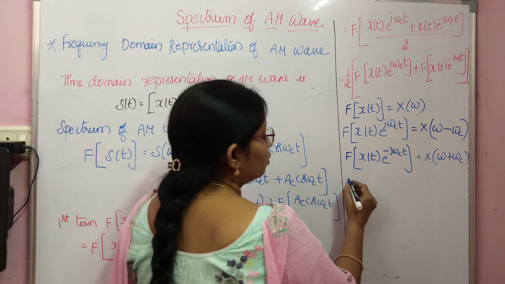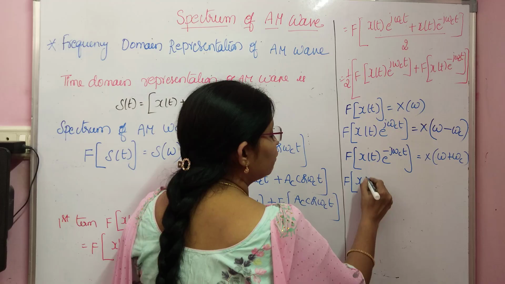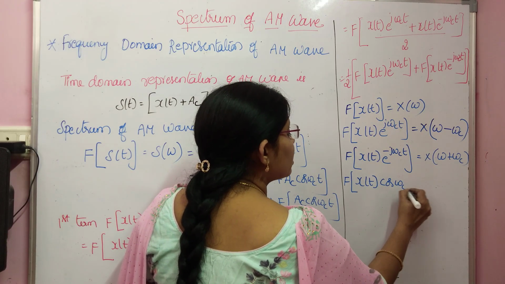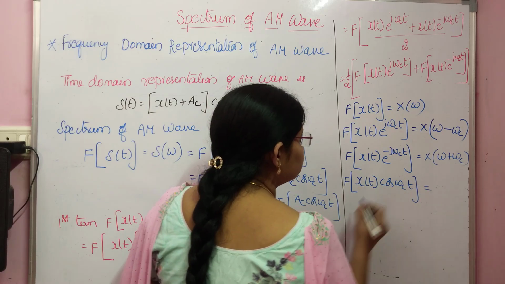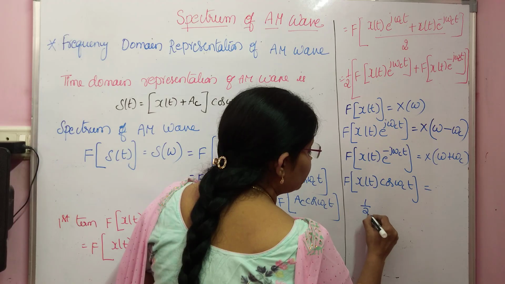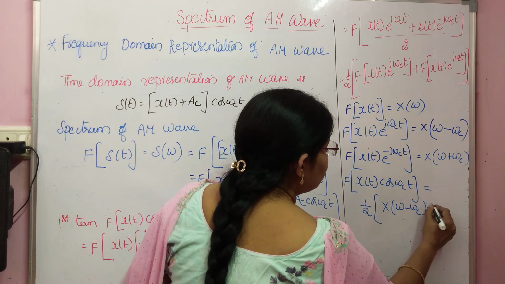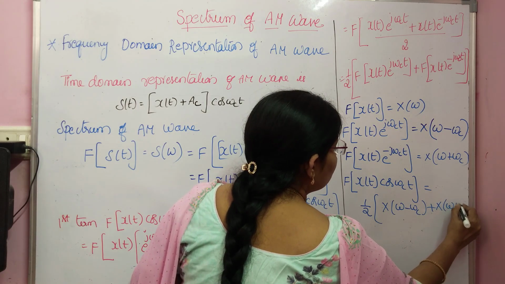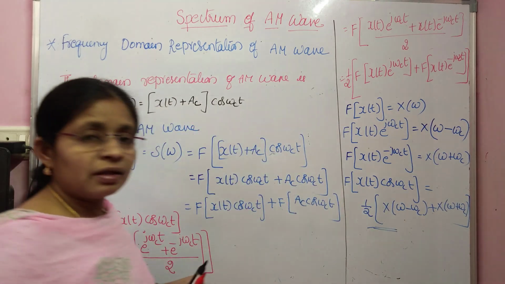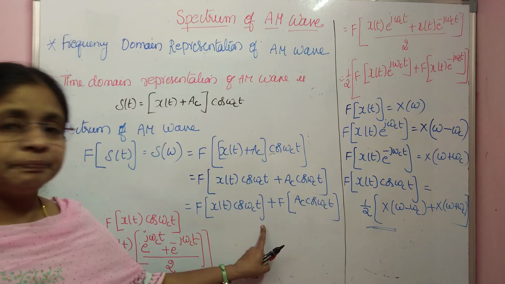So, totally, the Fourier transform of x(t) cos(ωc t) is equal to half times [X(ω − ωc) + X(ω + ωc)]. That is the Fourier transform of the first term.